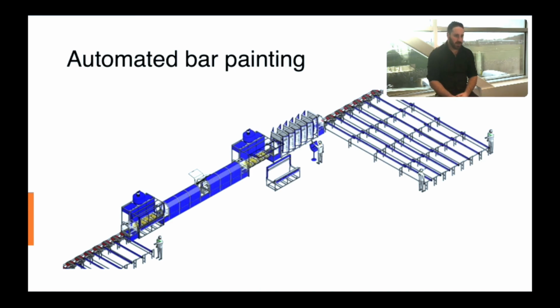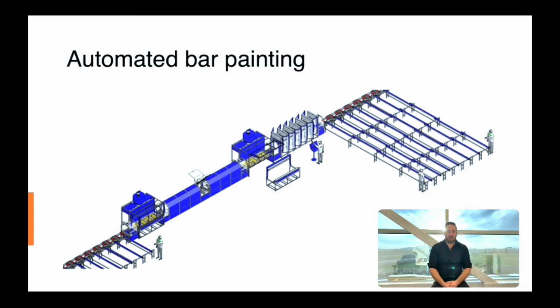It's usually one bar at a time, and the employees have to work with the wet painted bars and load them to racks. But after doing some research, I did find some companies offering systems that automate those processes.